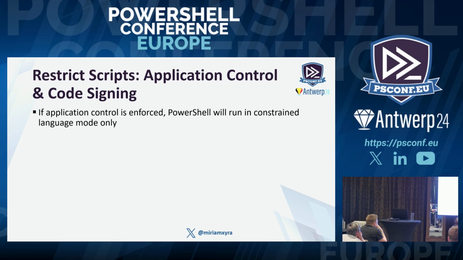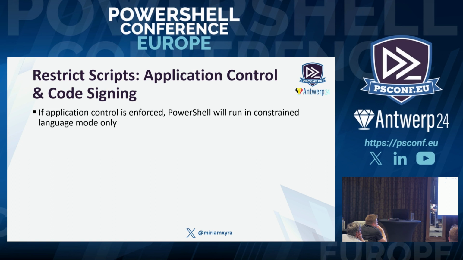But application control and code signing: if you have application control enabled, and application control is a great feature, you can restrict a lot of things, and also PowerShell. If you restrict PowerShell with application control, then the scripts will not run in full language mode.